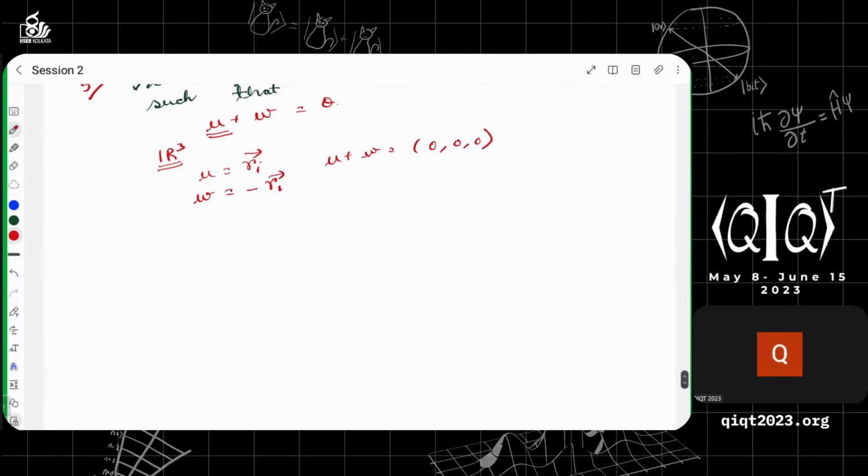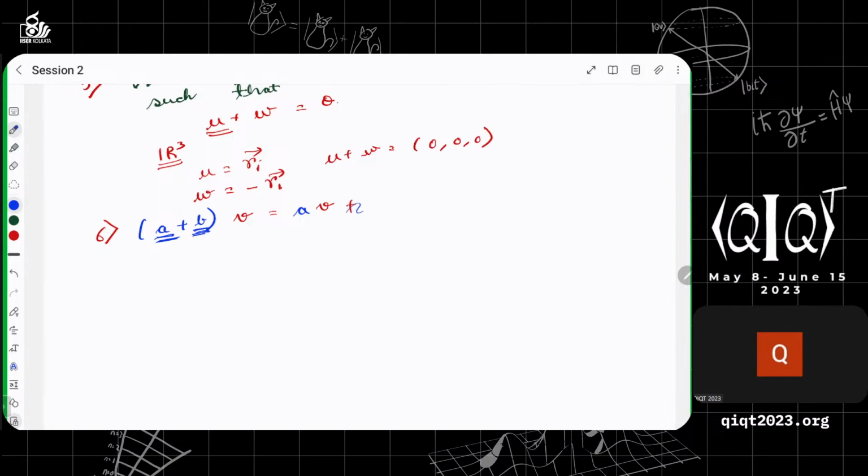Yeah, and now going on to the sixth condition. So it says a plus b. So notice that a and b are scalars. They are members of the set F, the field. And if you add a plus b and then multiply it with v, then what we get is a times v plus b times v.